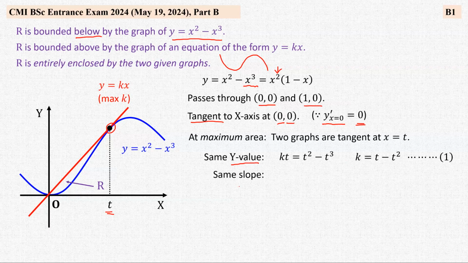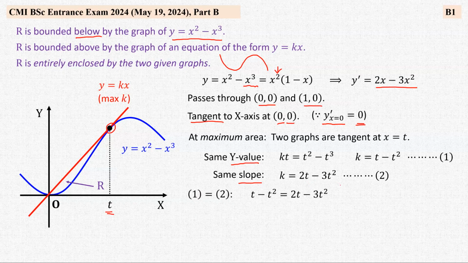Second, the 2 graphs must have the same slope at x equals t. Using the derivatives, which is 2x minus 3x squared for the cubic function, we have the condition k, the slope of the line, is equal to 2t minus 3t squared.